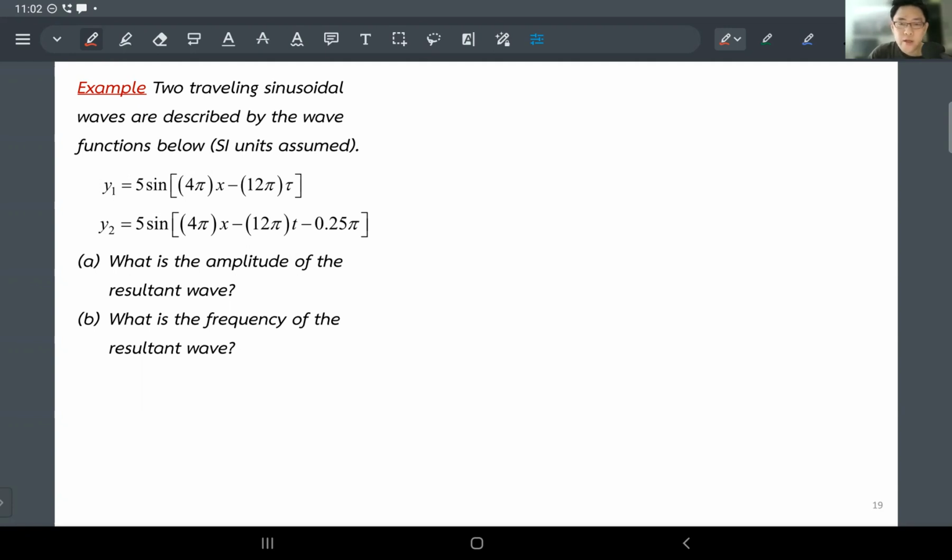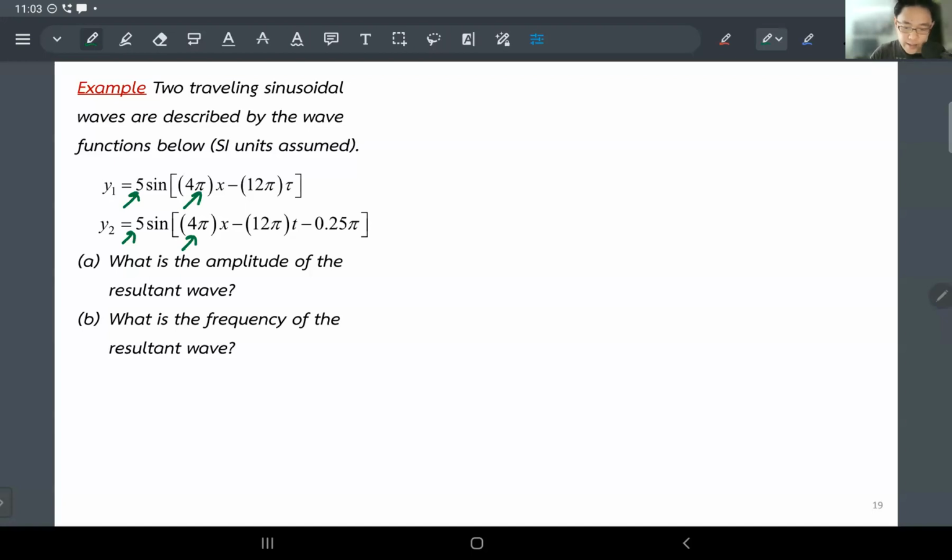Good. So I think you can actually refer back to the previous slide if you like. Just take a look at it and say, hey, it just comes from the summation of the two. If those are the only two you are going to use, look at this one. Same amplitude, same k, the coefficient in front of x.